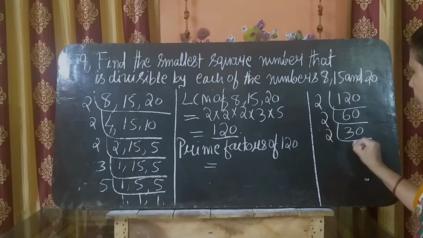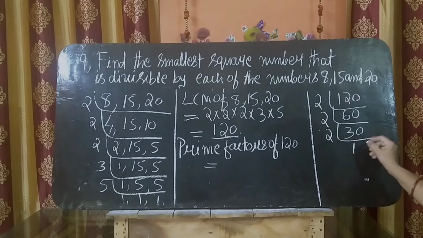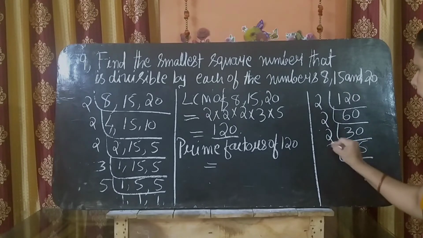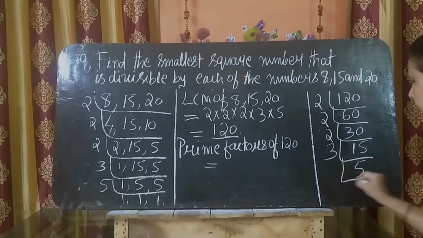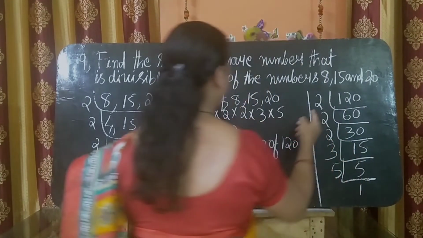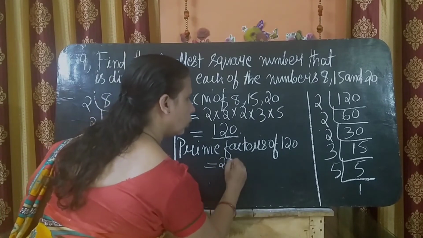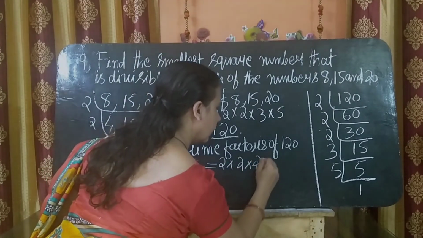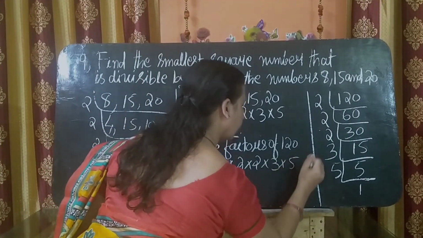Then 2, 1 into 2, 2, 5 2s are 10. Factor is 3, 5 3s are 15. Factor is 5, 1 into 5, 5. Prime factors of 120 are 2 into 2 into 2 into 3 into 5.